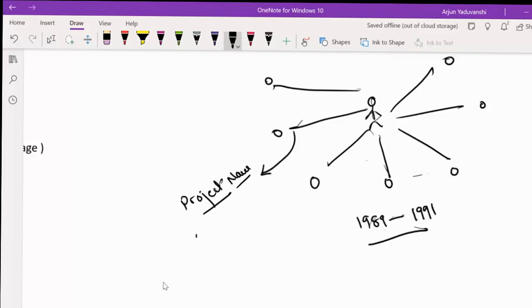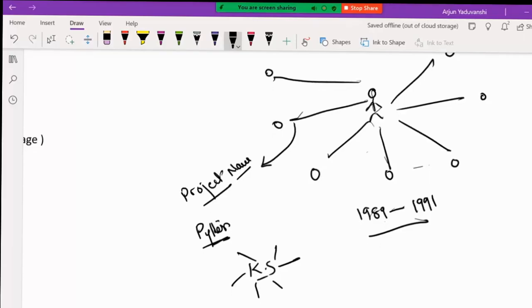Why he gave the name Python: in India, there is a very popular show called the Kapil Sharma show, which is a comedy show, right? And Kapil Sharma has a set of people, 4 or 5 people, who come in different dresses and entertain us. Now, these are all the team of Kapil Sharma. In the same way, in the 1960s and 70s, there was a guy by the name Monty.